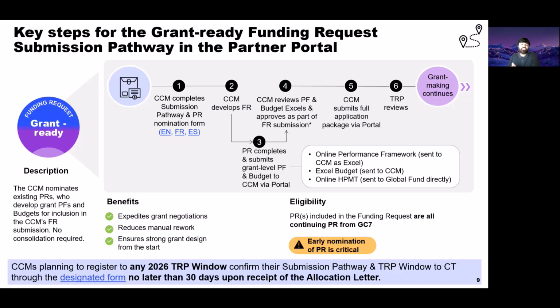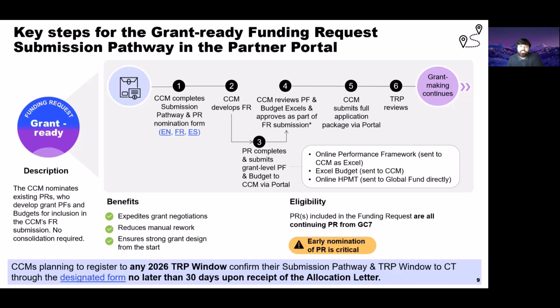So in this case of grant ready funding request, no performance framework or budget will be shared with the CCM, because the expectation is that in a grant ready funding request, the existing PR that has been nominated will complete a grant level performance framework and budget already at the time of funding request submission. So within this step 3, the PR will complete and submit a grant level PF.